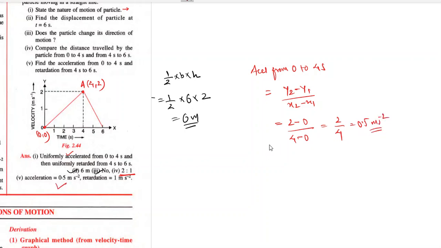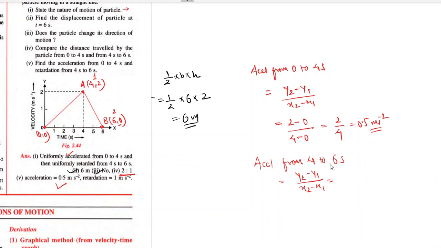Correct? And for retardation, we will write acceleration only. Acceleration from 4 to 6 seconds. We'll take this point as A and this point as B, and the coordinates of point B are 6, 0. So we'll write the formula y2 minus y1 upon x2 minus x1. What is y2? Here is your first point and here is your second point.